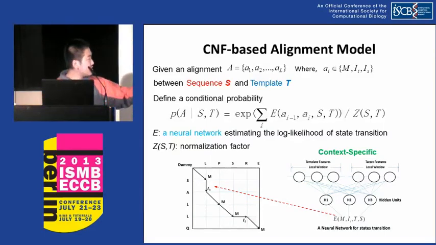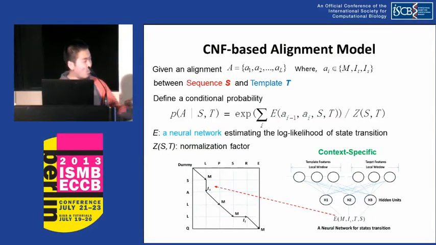The function E itself consists of 9 different neural networks, since there are 3 labels, and 3 times 3 is 9 for adjacent ones. For each neural network, for example, this sample has the state transition M to IS.